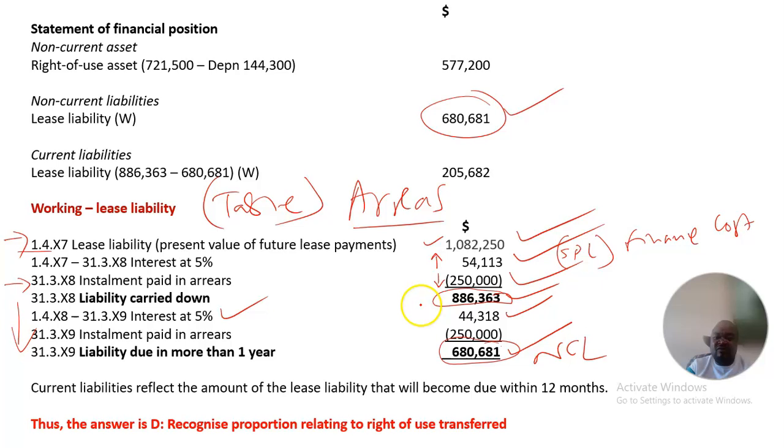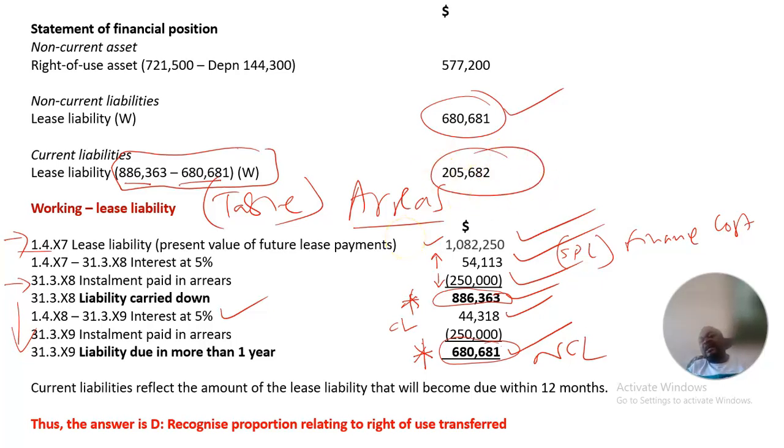So it's a matter of this amount minus this amount, and you get your current liability as we have shown here. This is at 31st March 2028, and this one is at 31st March 2029, and you get your current liability.